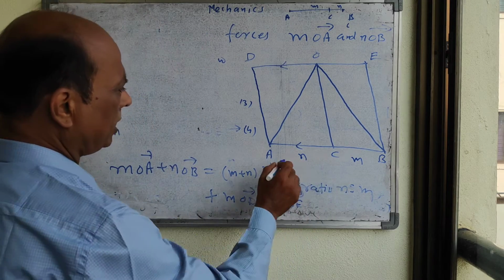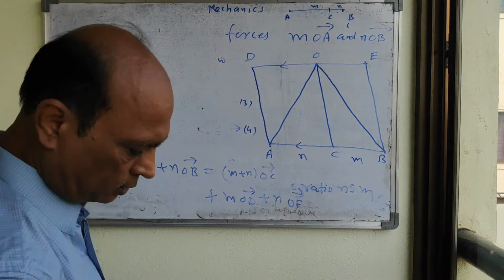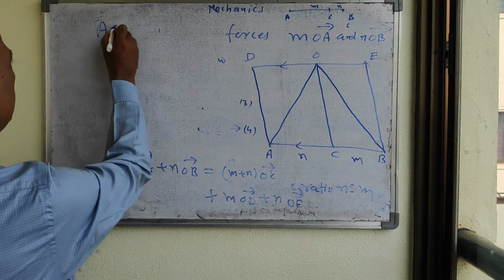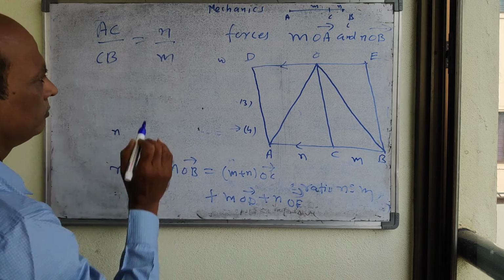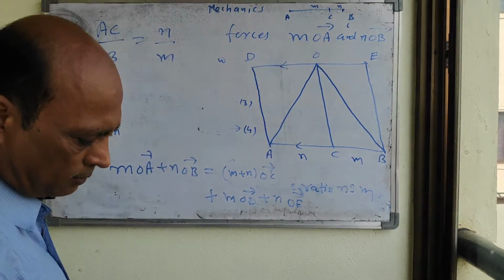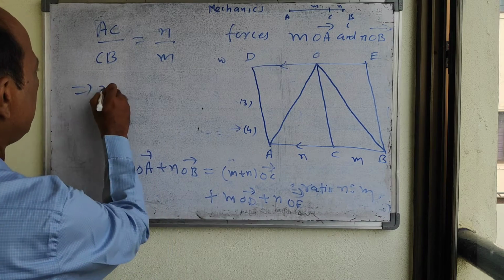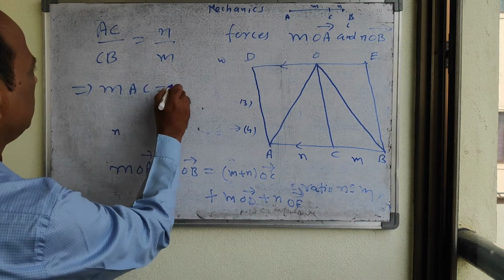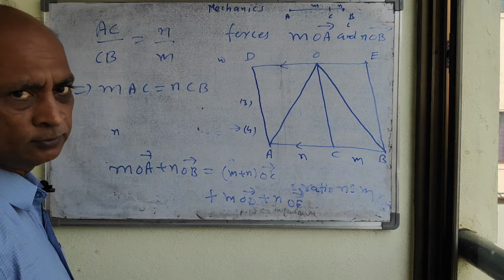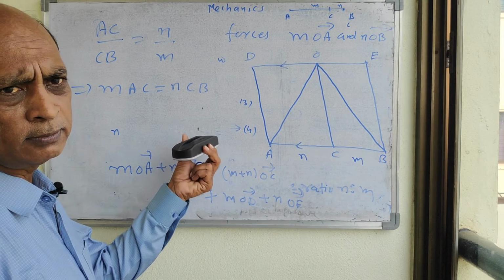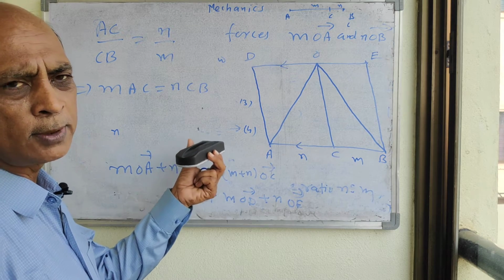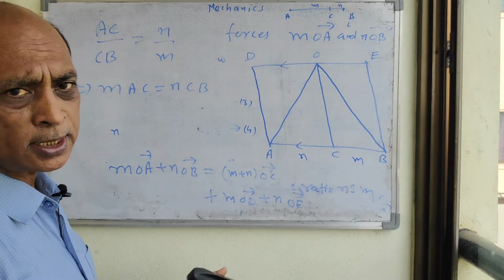Now since C divides AB in the ratio n to m, we can write AC upon CB is equal to n upon m, which implies that m AC is equal to n CB. Now the magnitudes are the same and the direction is the same, so these vectors are the same.